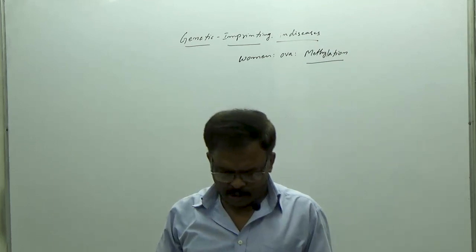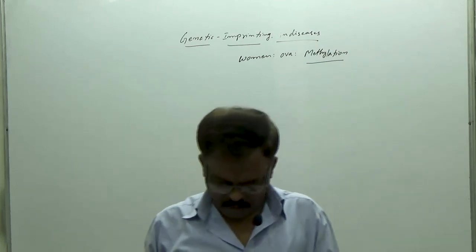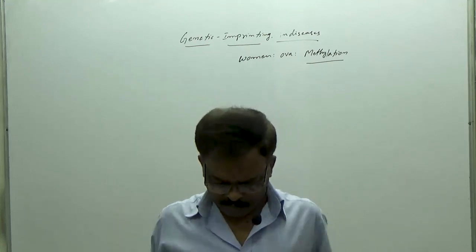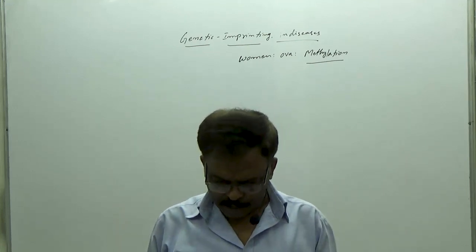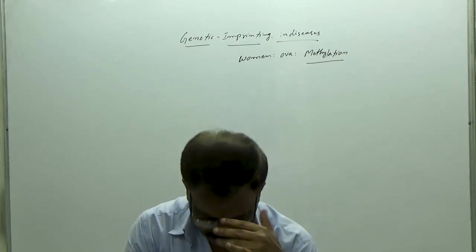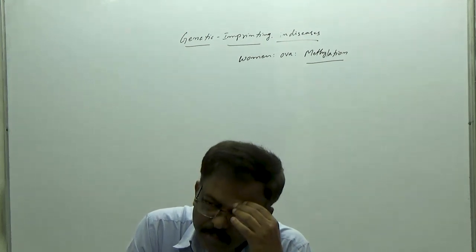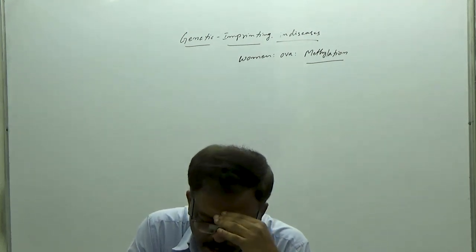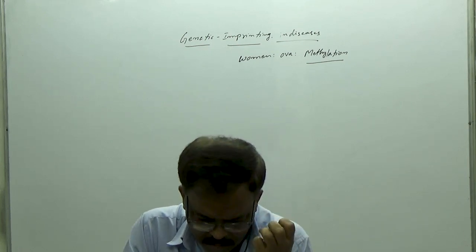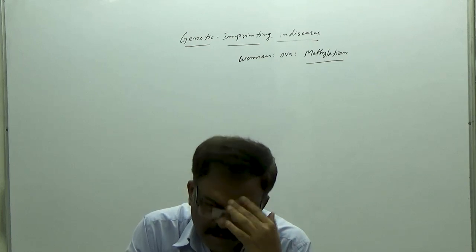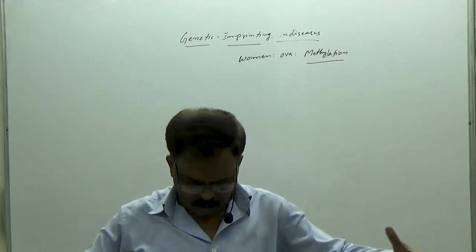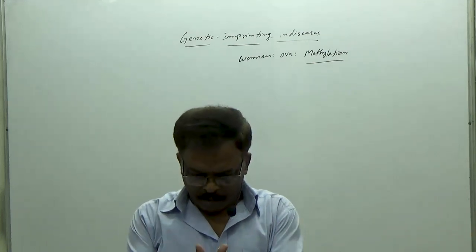That means these methyl groups, CH3, are going to accumulate continuously. Due to preservation and accumulation of methyl groups, the chromosomes will become almost stiff. That's why at the time of separation, they are going to break, or they are almost clubbed together.